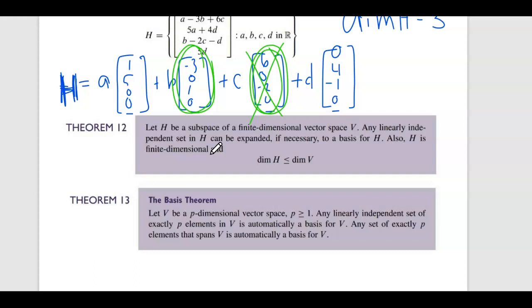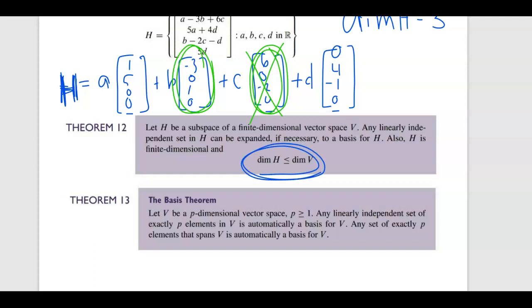Let V be a p-dimensional vector space where p is bigger than or equal to 1. Any linearly independent set of exactly p elements in V has to be a basis for V. So that makes sense as well. It's kind of an extension of this right here.